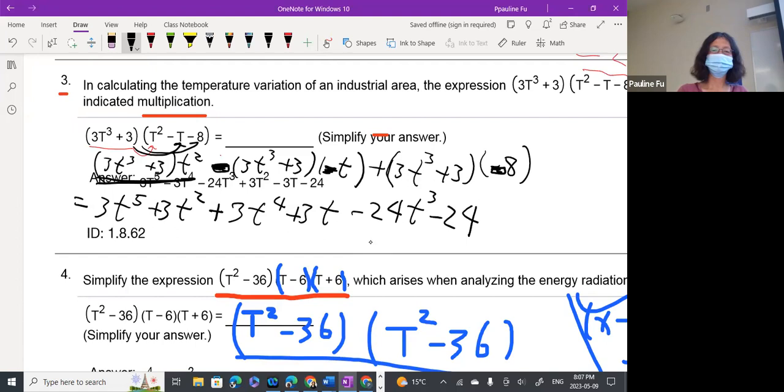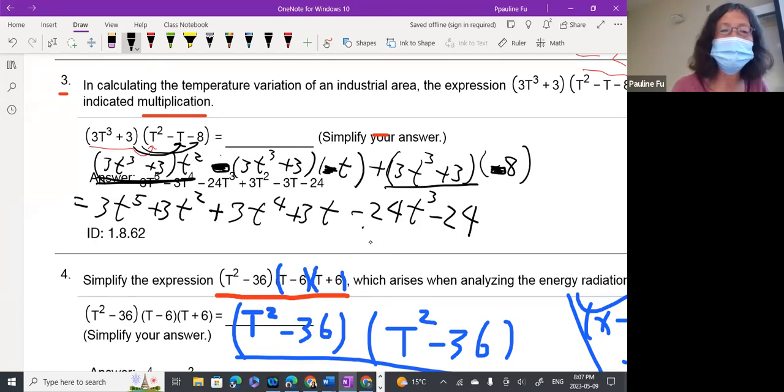Why is it minus after, and plus before, right there? Let me see. This is -8 times this one. Oh, wow, thank you so much. I made a mistake, sorry. There is no minus here.